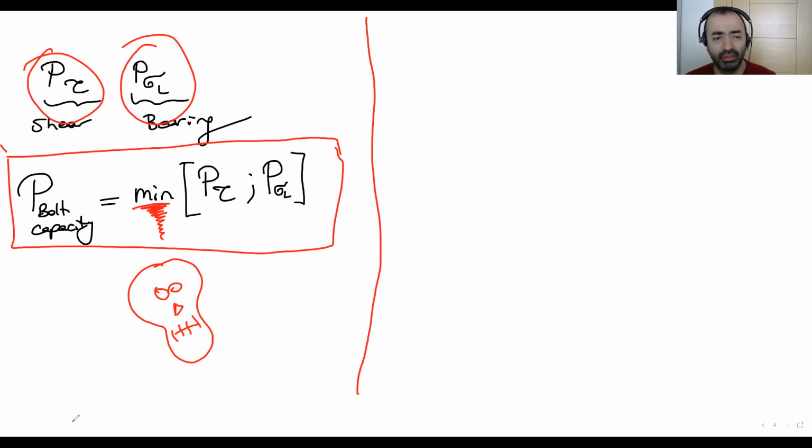Before the question, I'd like to explain how to check. I was going to explain this concept in the examples, but I would like to explain it now.